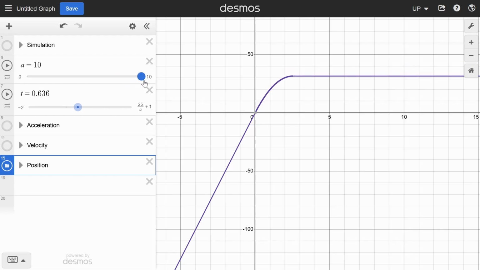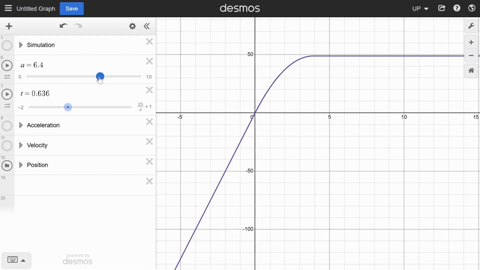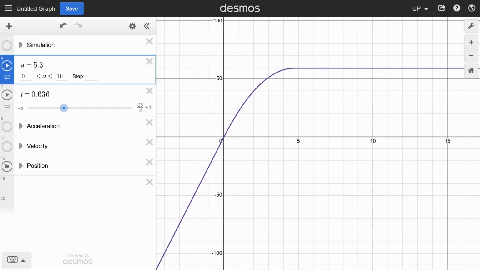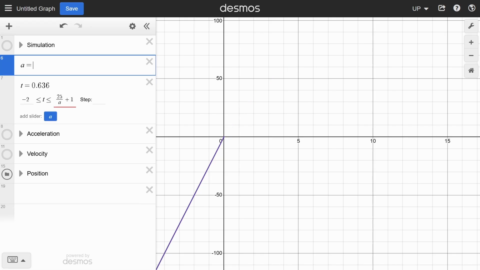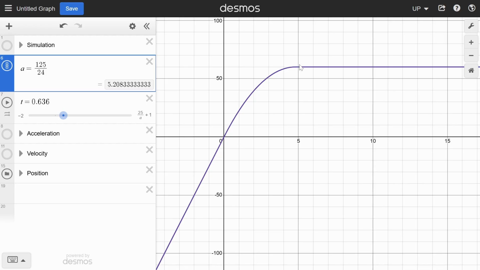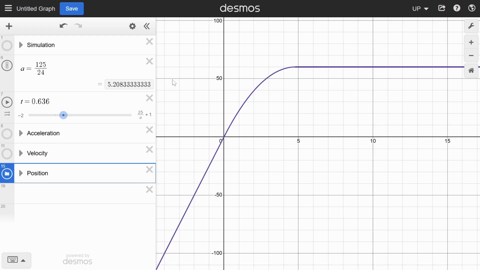You could see here that you could decelerate below 60 if you go at 10 meters per second squared, but if you reach a point of about 5 point something, you would crash into the obstacle. And we could check the answer to be correct. If we put 125 over 24, this is the exact point at which you will hit 60, which is about 5.2083333.